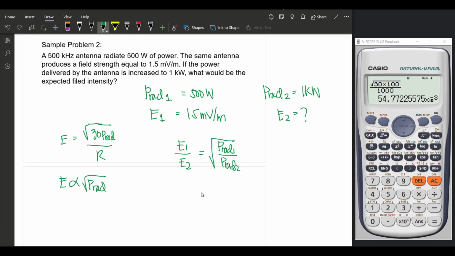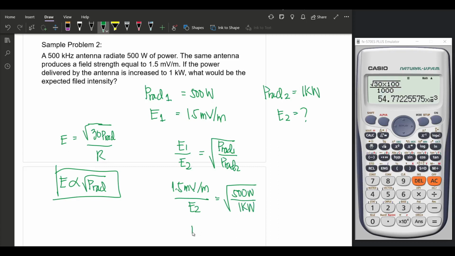Ayan, so ganyan gumawa ng relation using this relationship. So, ratio and proportion lang. Okay, so what is the field strength 1? So that is 1.5. So hinahanap to. So PRAD 1 is 500. Then PRAD 2 is 1 kilowatt. So E2, ito transpose mo lang doon tsaka to. So magbabaliktad lang siya.